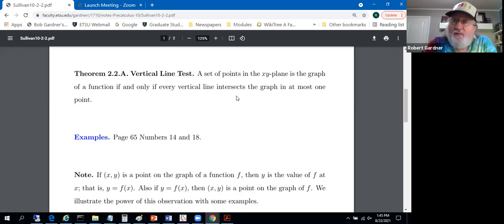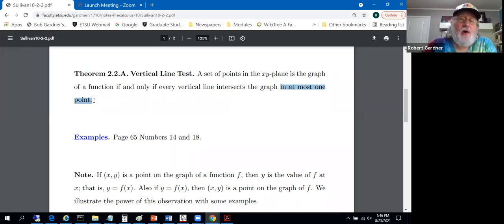Probably you're familiar with the vertical line test. Yeah, there's a horizontal line test that tests for something else related to functions as well. But for us, when dealing with a function, one input has exactly one output. That justifies the fact that graphically, vertical lines intersect graphs in at most one point.